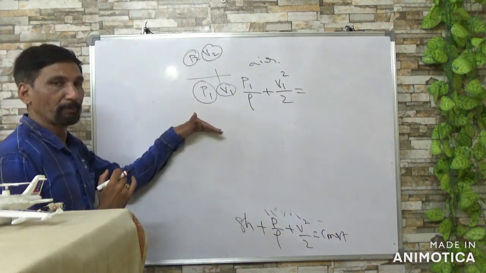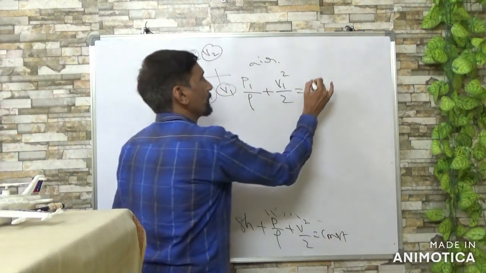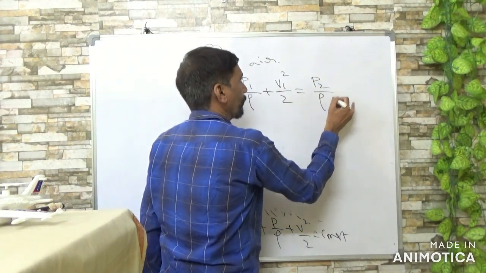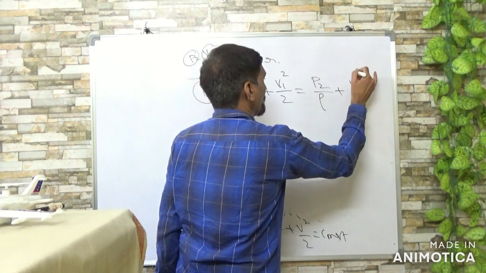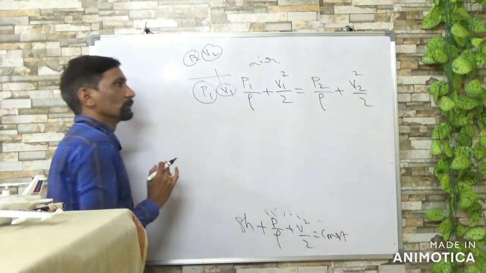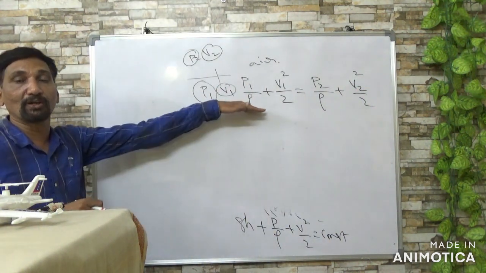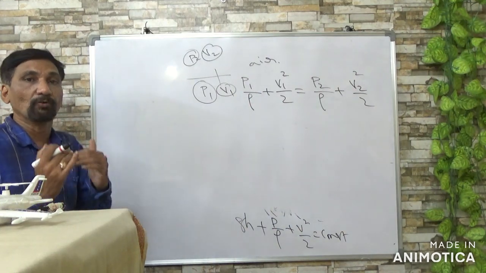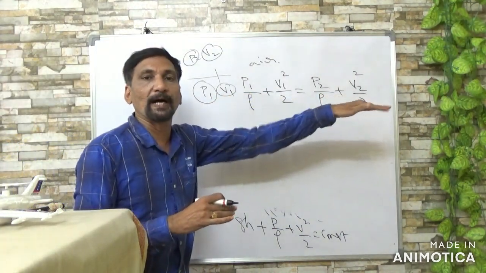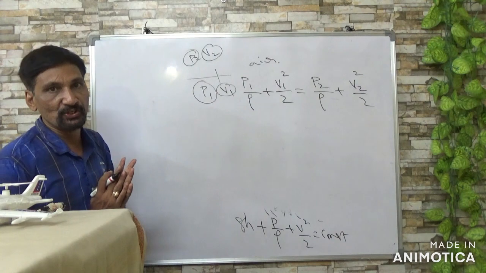Bottom I am taking. Top, P2 by rho plus V2 square by 2. Remember, when a fluid is flowing through a horizontal pipe, there is no potential variation.